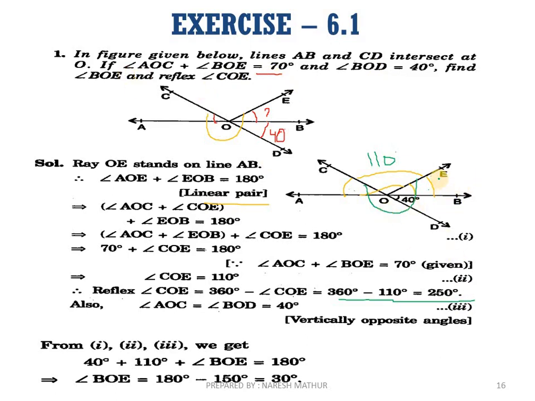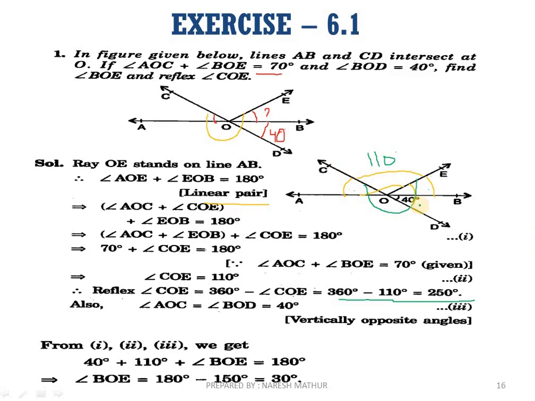Now see here, we can find it in many ways. We are given angle BOE and angle AOE, and as AB is a straight line, the sum of these angles will be 180 degree.